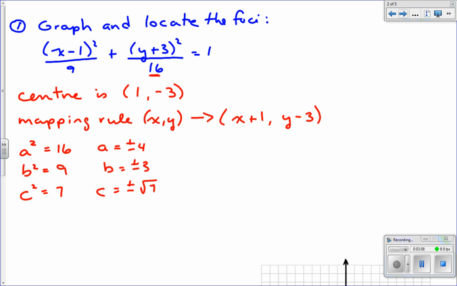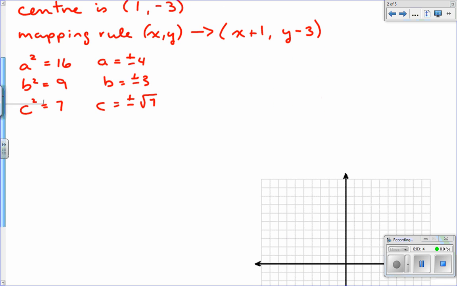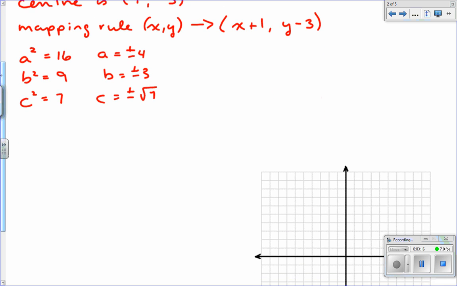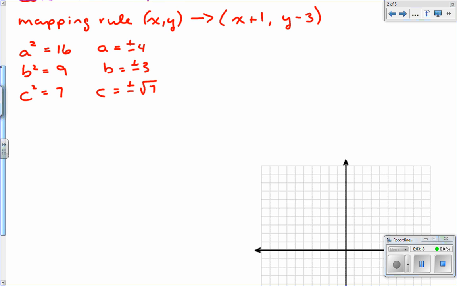So now we can take a look at how to use those values and plot our ellipse. If you think about where our vertices originally would have been, because a is 4, our vertices would have been at (0, 4) and (0, negative 4).